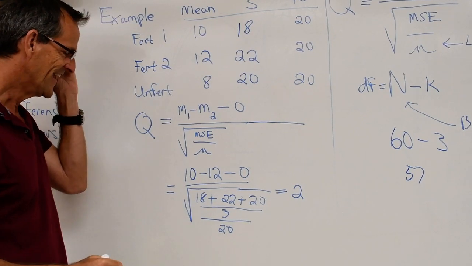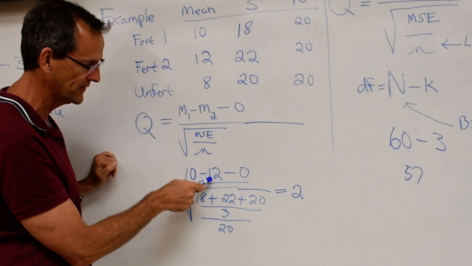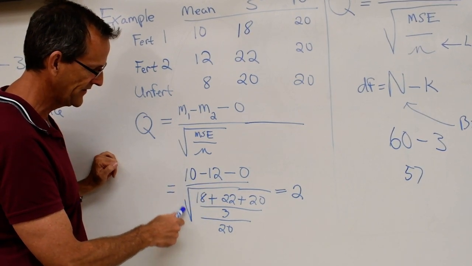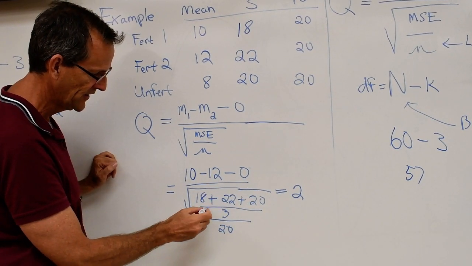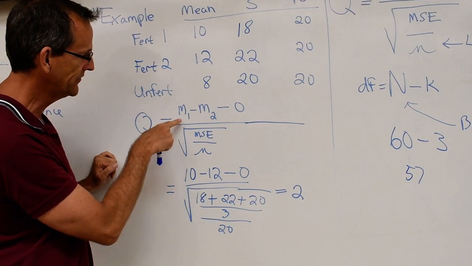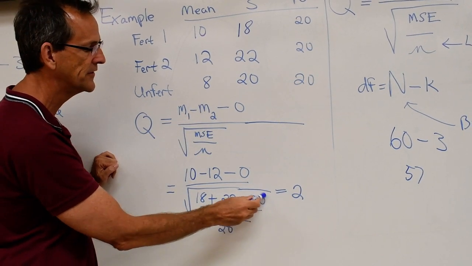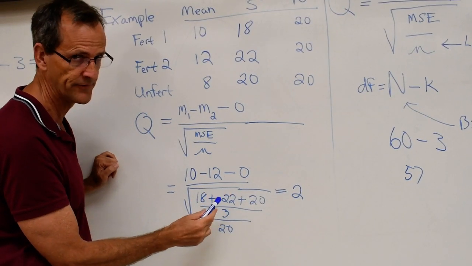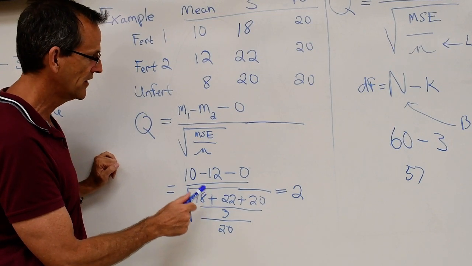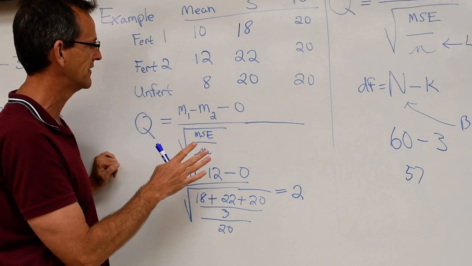All right. So we take the difference between the means here. Remember, that's 2. And then here is the square root. We're going to average all 3 variances. Even though we're comparing just these 2 groups, we average the variances for all 3 of the groups. In other words, I'm assuming that we're making all possible comparisons.